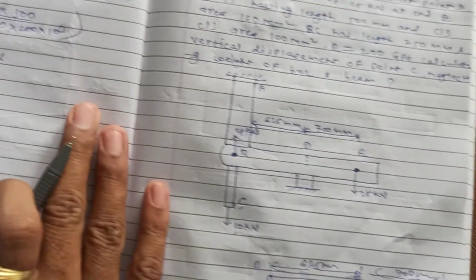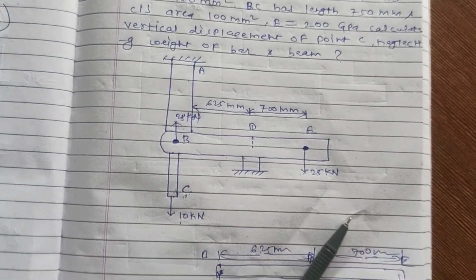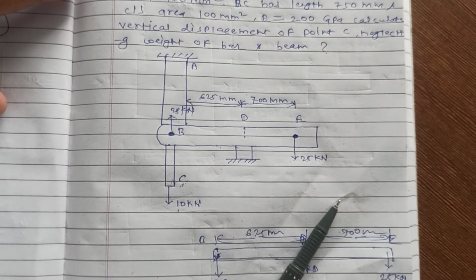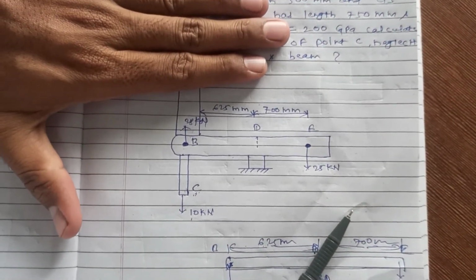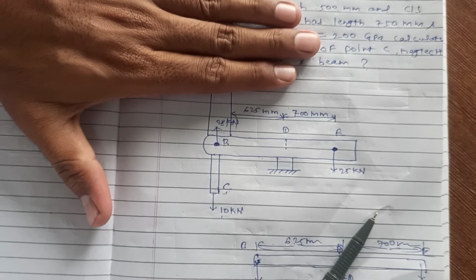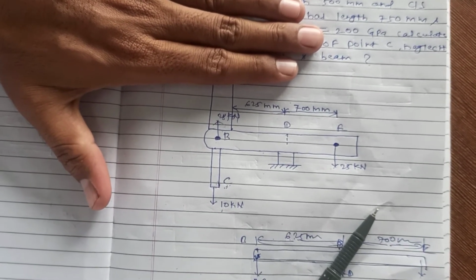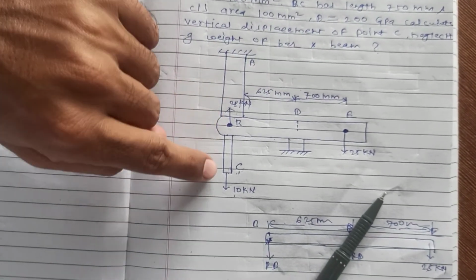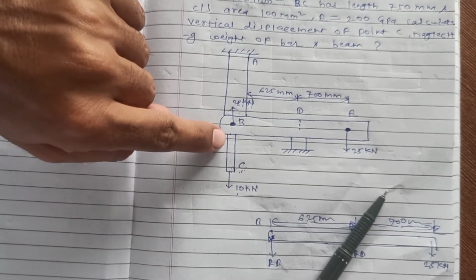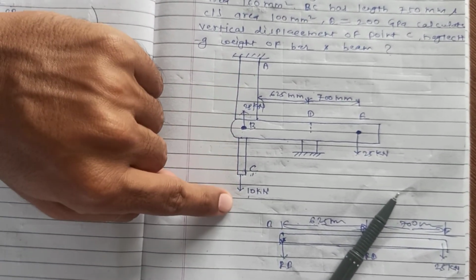Next step, keep your hand here and consider the forces acting beyond the hand. There are two forces, this 28 kilonewton acting to the upside and this 10 kilonewton acting to the downside.